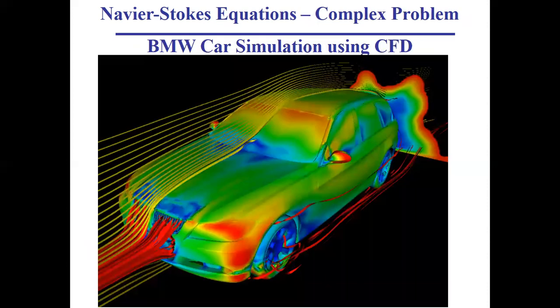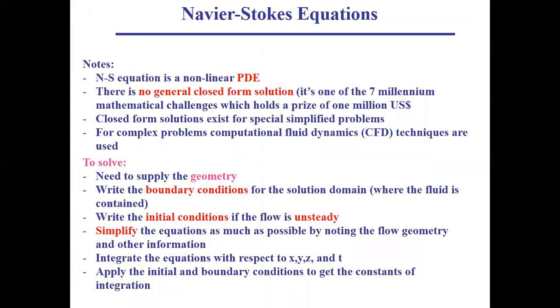Okay, so the Navier-Stokes equation constitutes a non-linear partial differential equation, and we tried a lot in research to come up with a mathematical solution for these equations, but we found out that there is no general closed form solution for these Navier-Stokes relations.